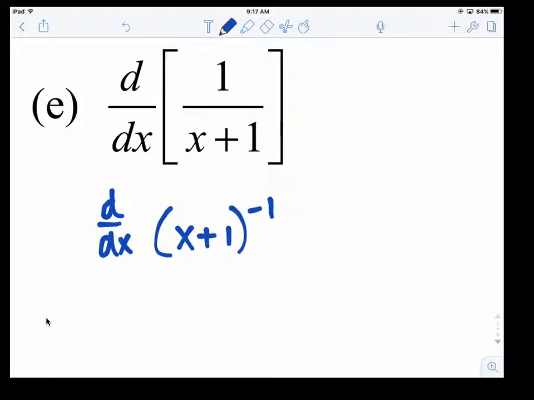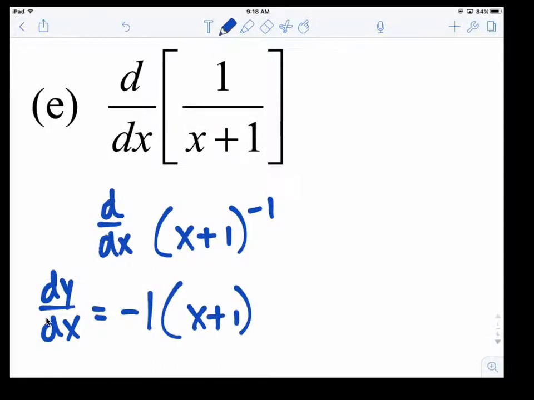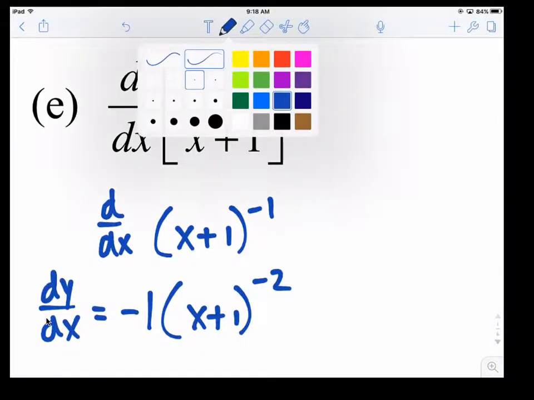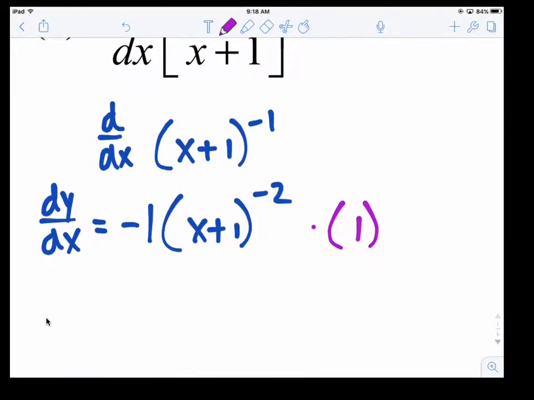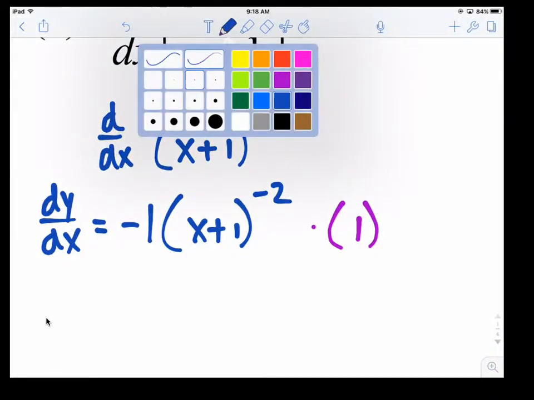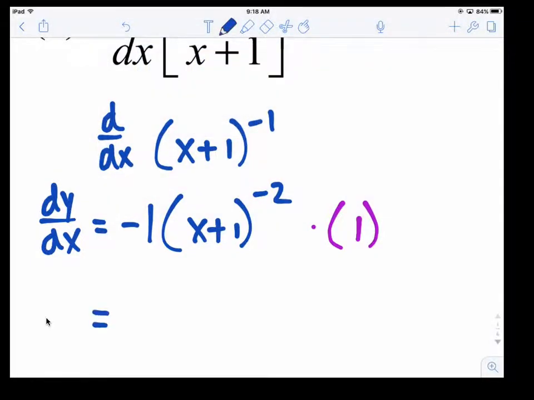Right, blob to the negative 1, and then the inside part would be x plus 1. So when I take my derivative now, bring down the negative 1 times x plus 1 to the negative 2 times the derivative of the inside, which would just be 1. So now when I clean it up, I have negative 1 over x plus 1 squared.